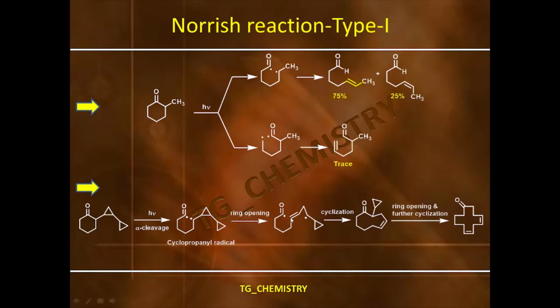Then cyclization takes place, which eventually forms the cyclononyl system having an olefinic double bond and a carbonyl compound, in which the cyclopropane ring is flanked at the alpha position of the carbonyl compound, and then further ring opening and cyclization will eventually lead to a cyclododecyl dienone system. So this is another example of the Norrish type 1 reaction.